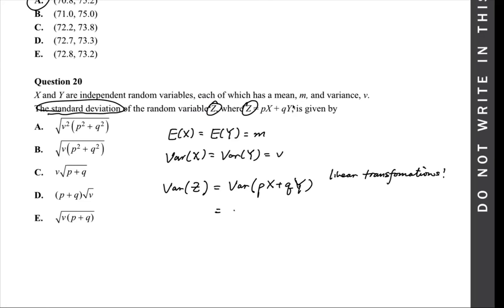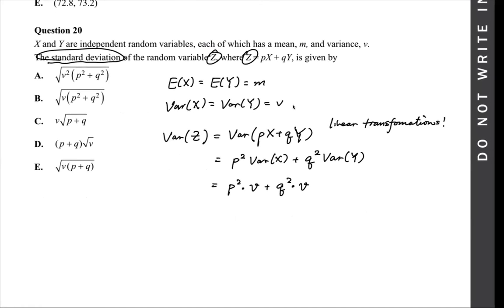So we can take out the P squared rather than P loss of X. Plus, take out the Q, square it, variance Y, okay? P squared times variance X, V, plus Q squared times variance Y, which is also V. So now if we take the standard deviation, we need to take the positive square root.